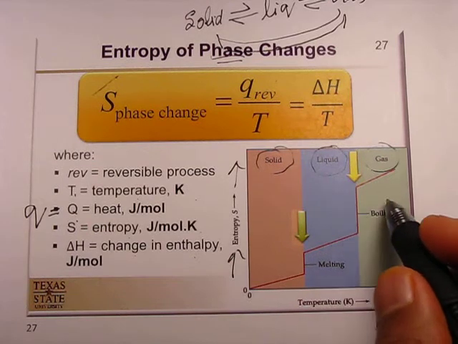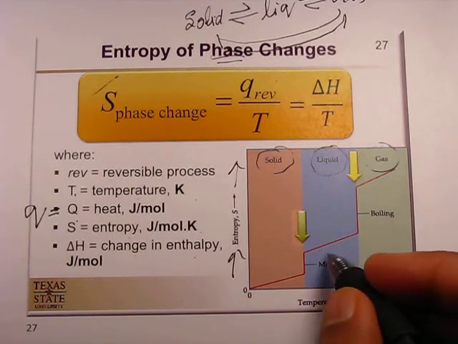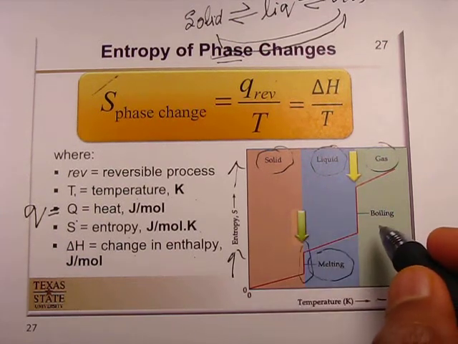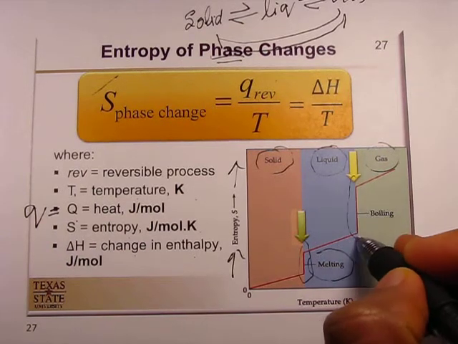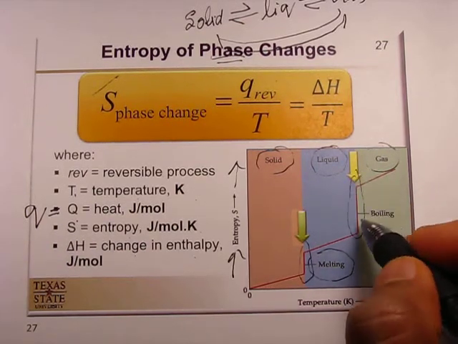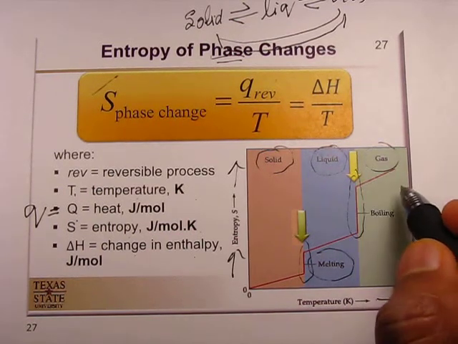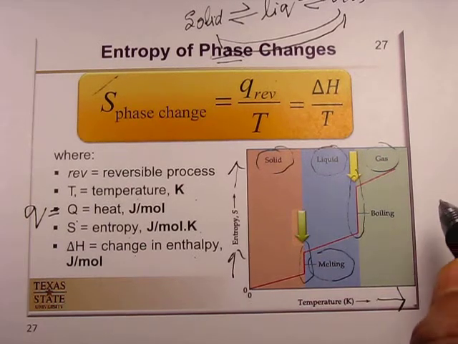When liquid goes to gas, that is the boiling point. So here we have the melting point, this vertical line, and this second vertical line is the boiling point. Exactly at the boiling point, entropy increases very fast, and then again slowly increases as the temperature increases.